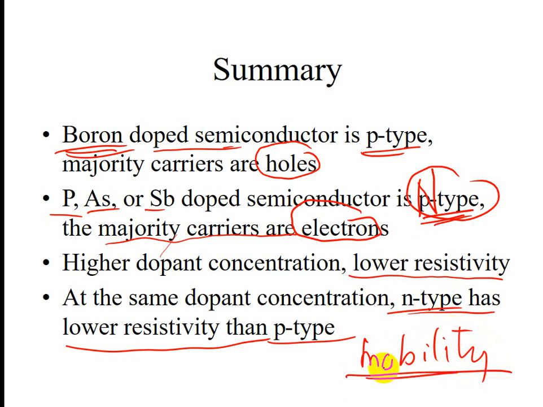Electron has better mobility than holes, so it moves faster than hole.